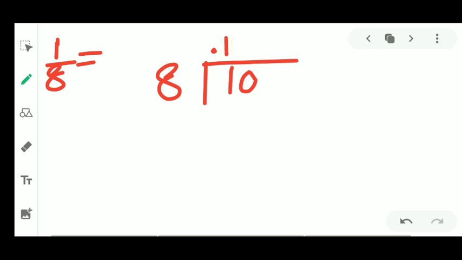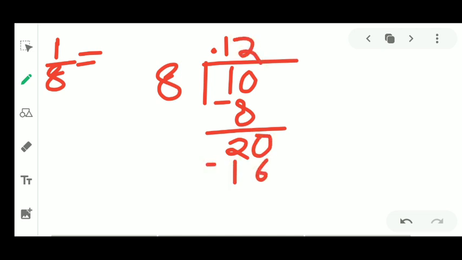You have to divide the number 1 by 8. As 1 is smaller, put a 0 and a decimal point. 8 ones are 8, 10 minus 8 is 2. Then again put a 0 here. 8 twos are 16, 20 minus 16 is 4.